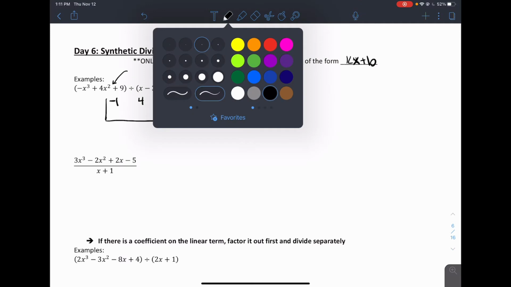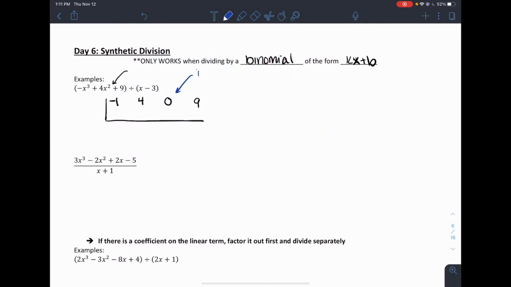The first thing we've got to note is don't forget the zeros. It actually changes what you're dividing into.